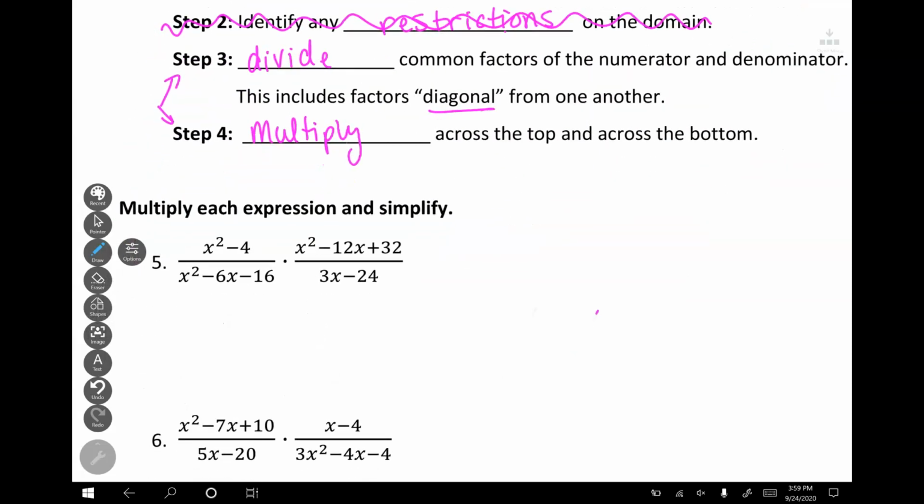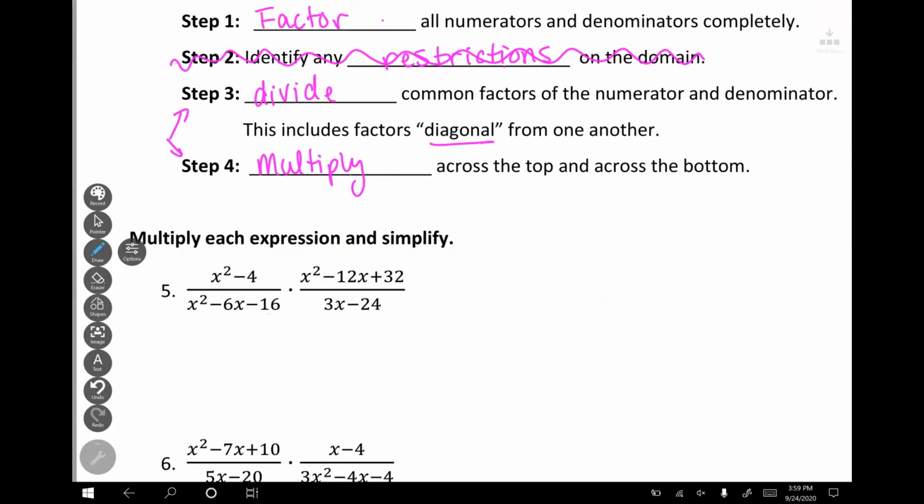All right, so let's try number 5, and these will be our last few problems for this video. So step 1, we want to factor the numerator and denominator. Yes, lots of factoring here. That's why we're doing this right after we finish our unit on factoring, because hopefully it's fresh on your mind and we get to use it a lot now.